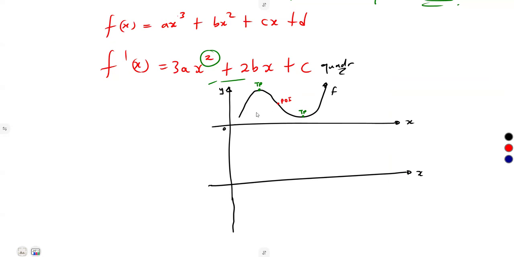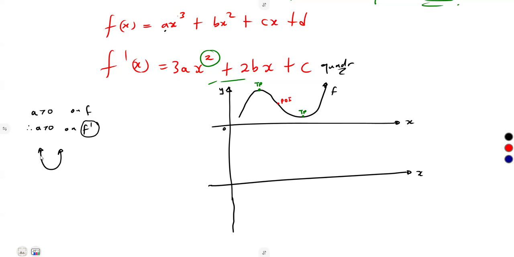So it follows that the quadratic function that you are going to obtain, in our case, for the value of a, if a is greater than 0 on f, therefore a is also greater than 0 on what? On its derivative. And we said the derivative is a quadratic, so where a is greater than 0, it is going to be what?